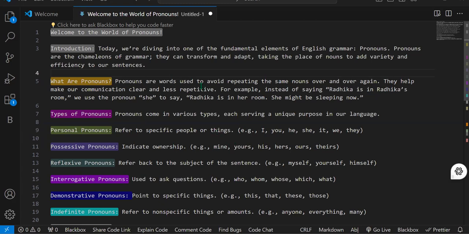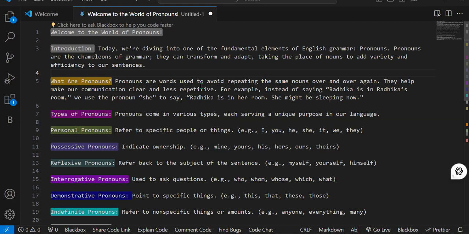Welcome to the world of pronouns. Introduction. Today we are diving into one of the fundamental elements of English grammar, pronouns. Pronouns are chameleons of grammar. They can transform and adapt and take the place of nouns to add variety and efficiency to our sentences. So what are pronouns?